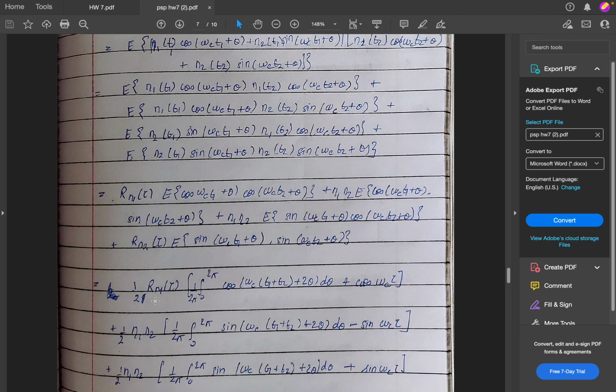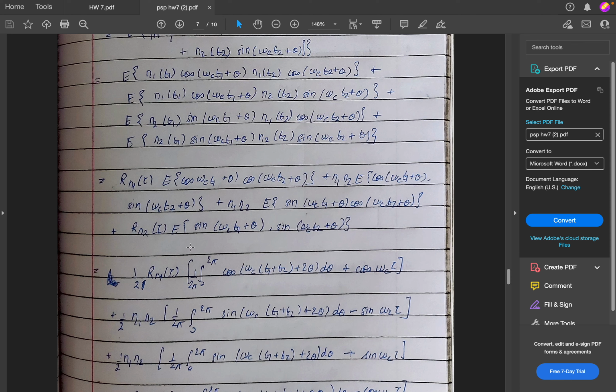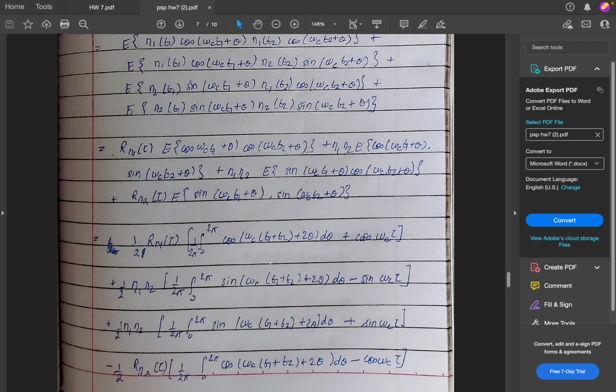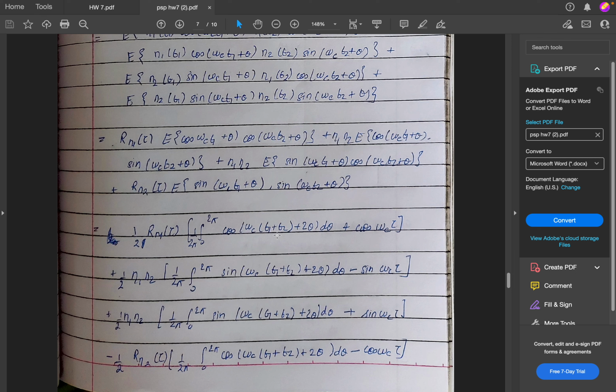Now we'll change this into the integral form. The first term will be 1/2 Rn1(τ) times the integral of the whole term from 0 to 2π, and we have converted the multiplication of cosine terms into the sum of two terms.